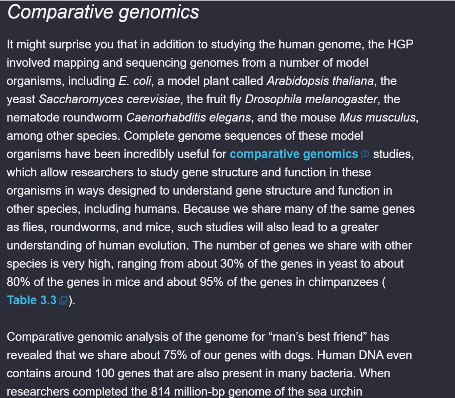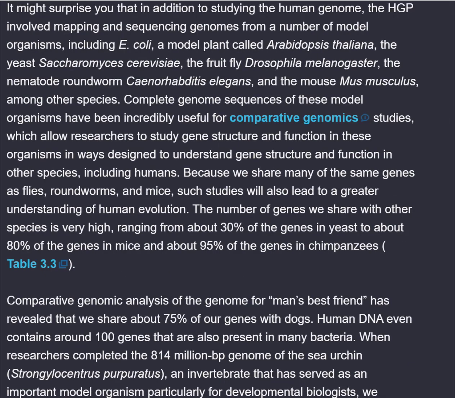Comparative genomics. It might surprise you that in addition to studying the human genome, the HGP involved mapping and sequencing genomes from a number of model organisms, including E. coli, a model plant called Arabidopsis thaliana, the yeast Saccharomyces cerevisiae, the fruit fly Drosophila melanogaster, the nematode roundworm Caenorhabditis elegans, and the mouse Mus musculus, among other species.